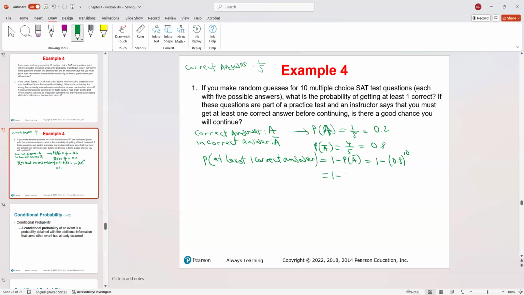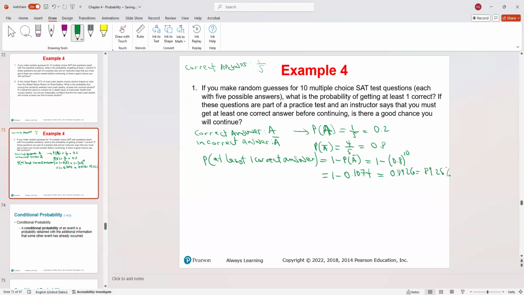I believe the power comes out to about 0.107, and at least one correct answer is 0.8926, which is 89.26%. So the probability of getting at least one correct answer is 89%.